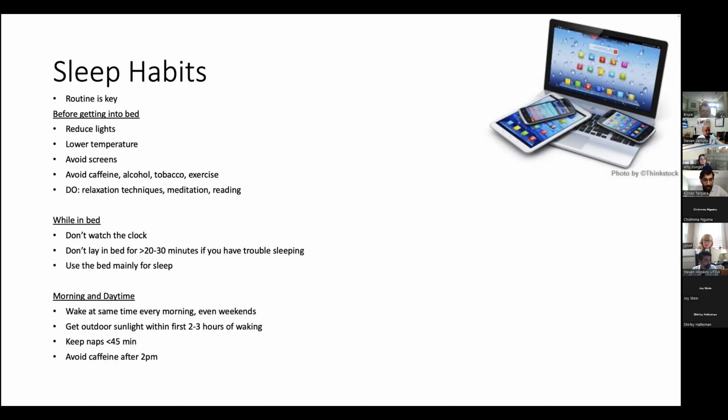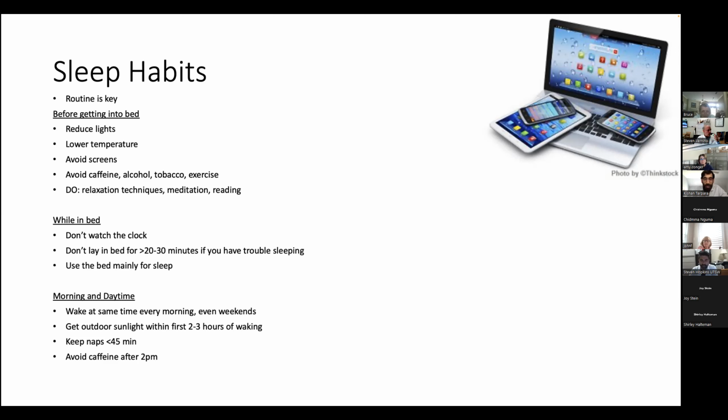So there are certain things we have treatments for. Sometimes the best treatment is behavioral rather than medications or a device or some new invention. It's just doing the best you can to structure your life in a way that helps promote good, healthy sleep.